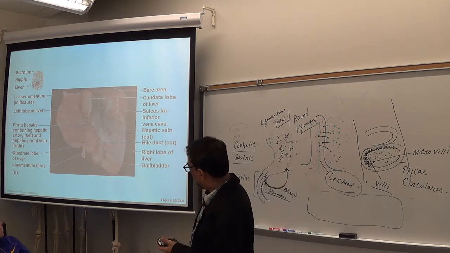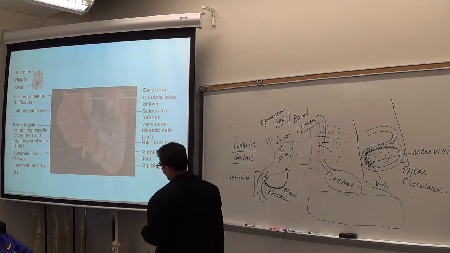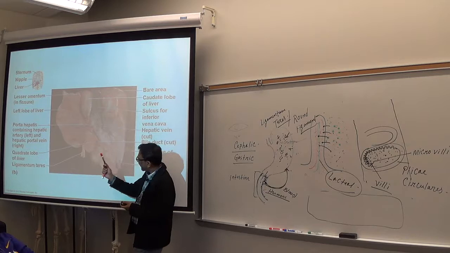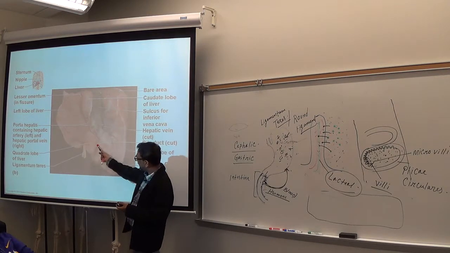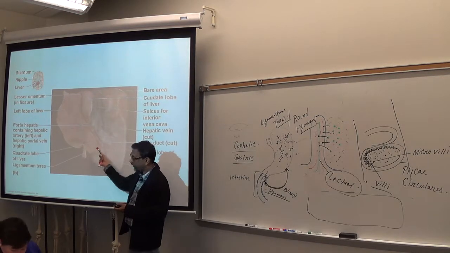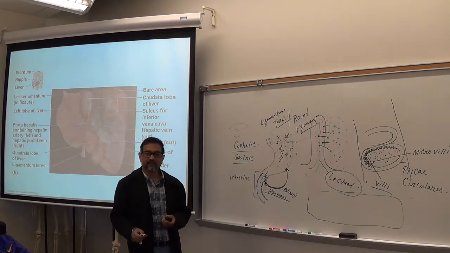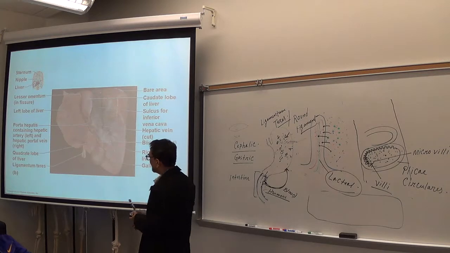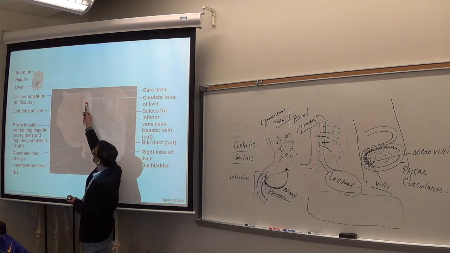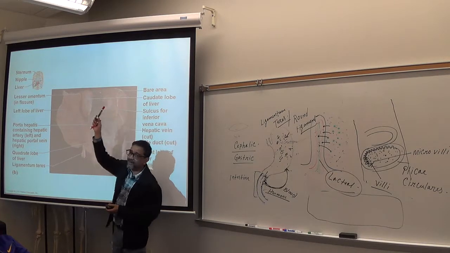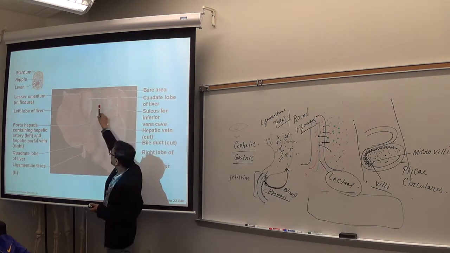Here you see the quadrate is rectangular, right? Another way to know which one is quadrate is that it is next to the gallbladder. This is the gallbladder, okay? Why is it pink? The color, weird. How can you identify if you are confused?